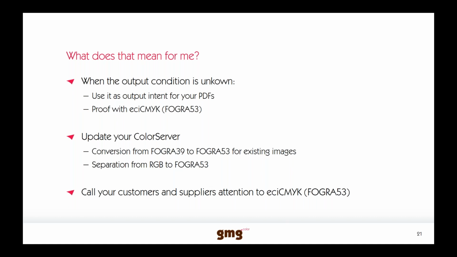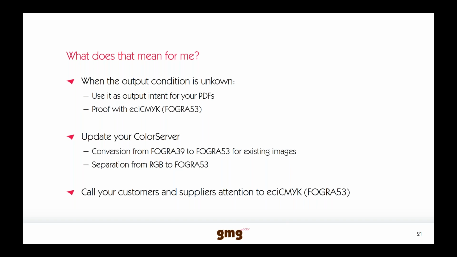I already said, just update your color server. In our GMG color server and in our GMG color plugin for Photoshop, all the device link profiles are available. The ICC device link profiles are downloadable on the ECI page. So in our color server, there is a conversion profile from FOGRA39 to 53, which is meant to convert existing image databases.